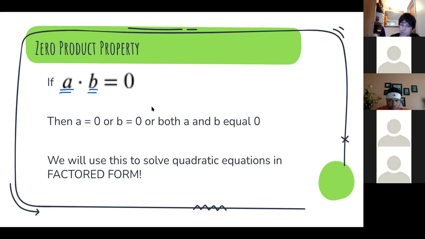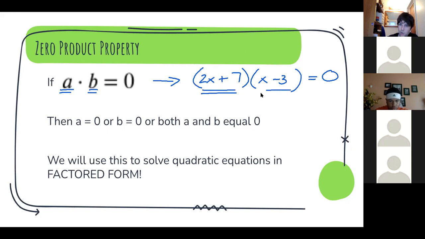And this is really useful. This actually translates into, if you have a factored form quadratic, whatever, I'm just making something up over here. If you have your quadratic in factored form and it equals 0, this equation right here will only be true if this factor or this factor equals 0.